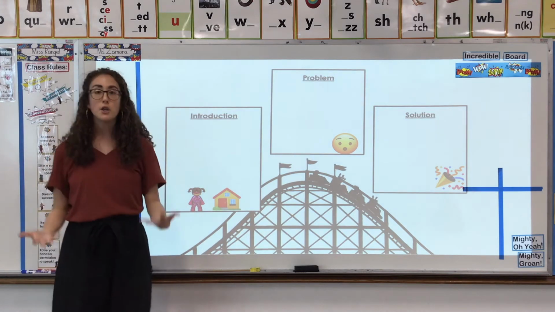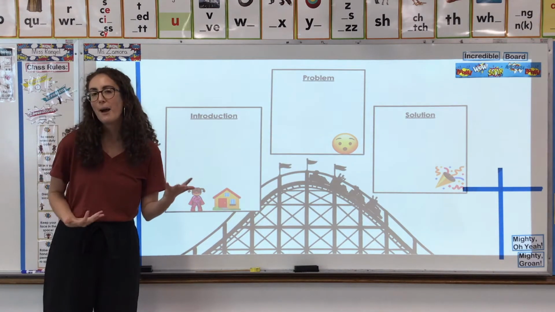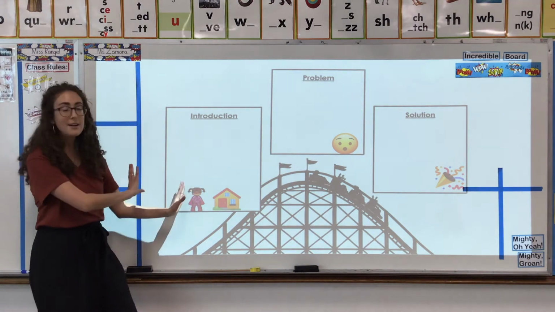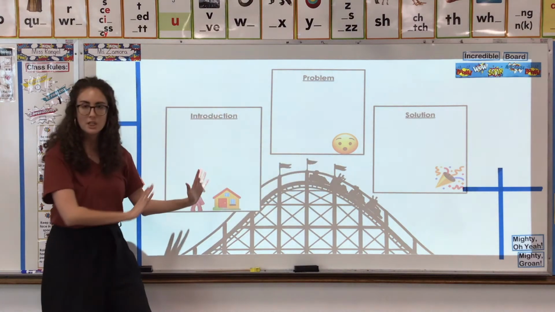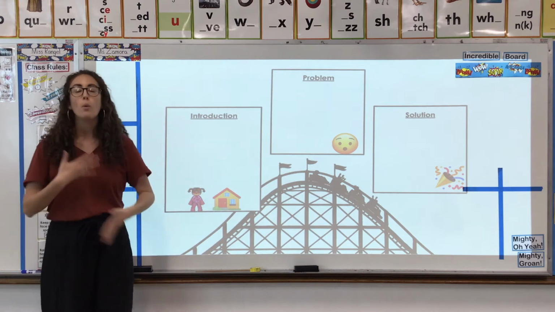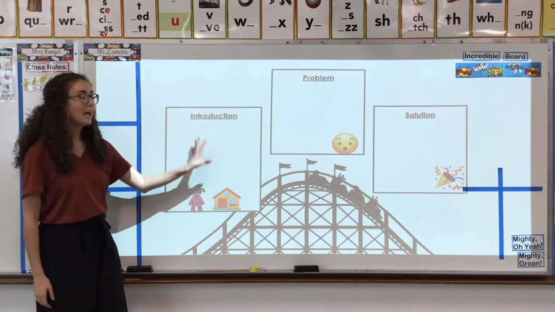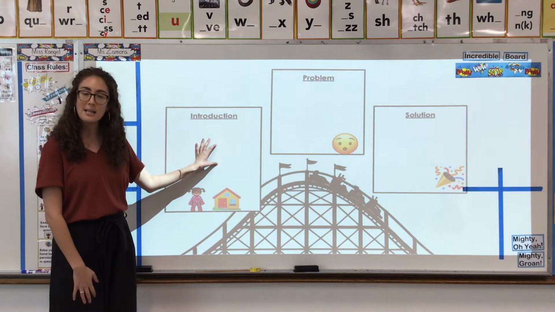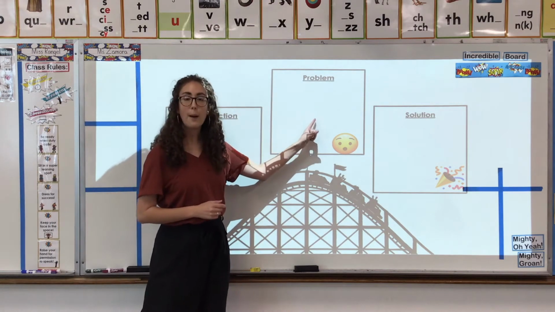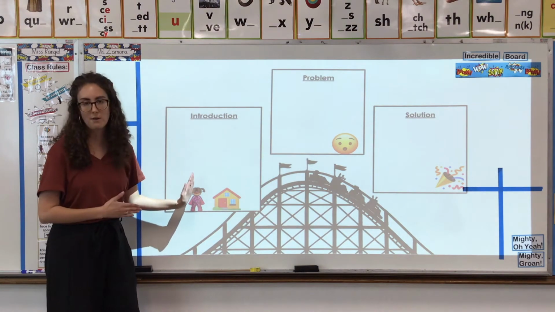So, using this knowledge of the three parts of our story, we're going to start to think about how can we brainstorm our own. And like I mentioned, our introduction has to connect to the problem. We're going to take the description of our character, what we already discovered on our bubble map, and based off our character's traits, what they like, dislike, we're going to brainstorm a problem that directly relates to the kind of character we need.